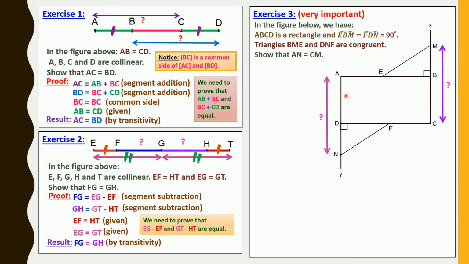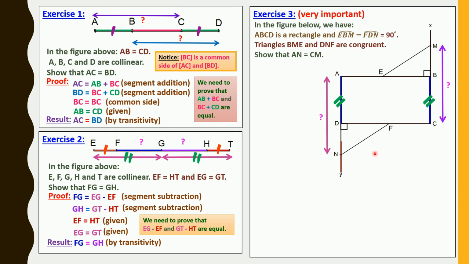Now, having the fact that segment AN equals AD plus DN and segment CM equals CB plus BM, we need to prove that these two sums are equal. Here we notice that segment AD and segment BC are equal because they represent the opposite sides of a rectangle, which are equal. We deduced it from the property of a rectangle that is given.